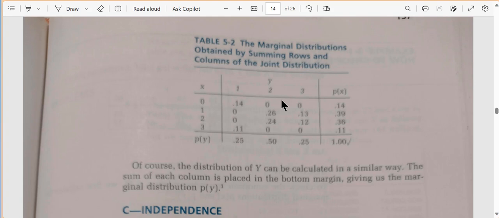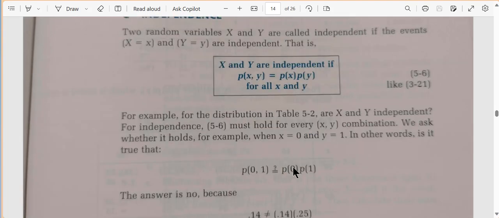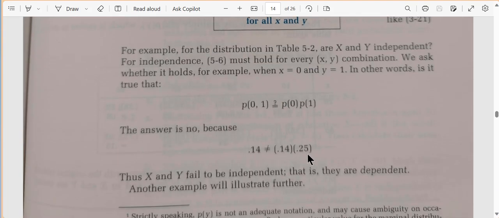I've checked two already, and I found that both calculations don't work. That is, I checked this for two different pairs of x and y, and neither of them works. And this says that it has to be true for all x and y. So here they pose the question, and the answer is here. So therefore, thus x and y fail to be independent. That is, they are dependent.